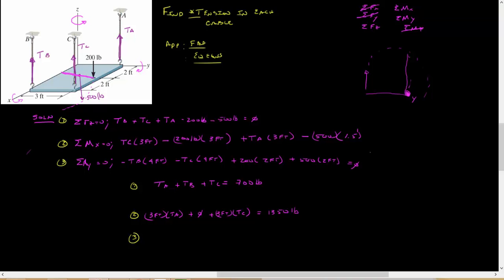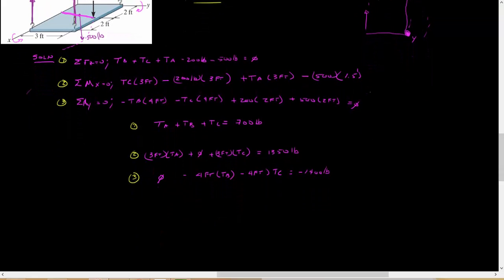I move it to the other side. And my last equation, equation 3, I have no TA, but I do have a TB, which is negative 4 feet times TB minus 4 feet times TC, and that's all going to equal negative 1,400 pounds.